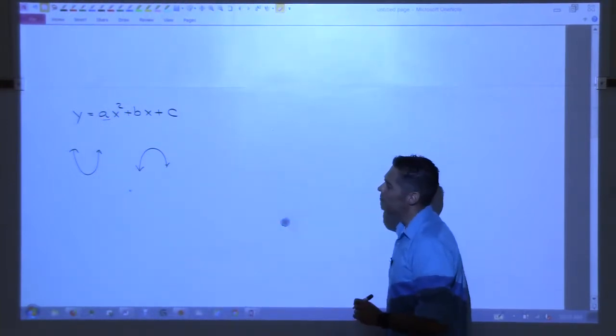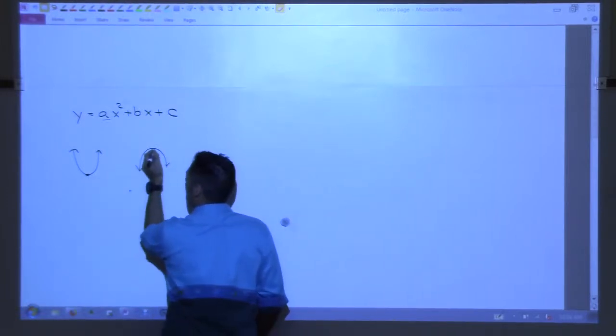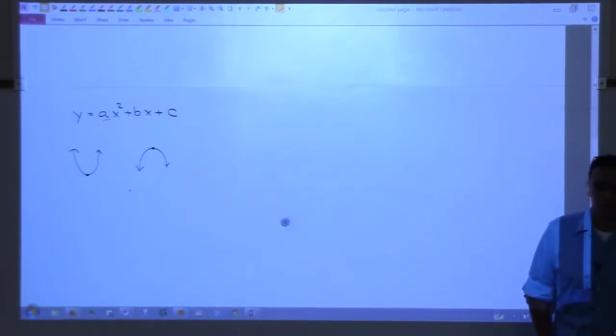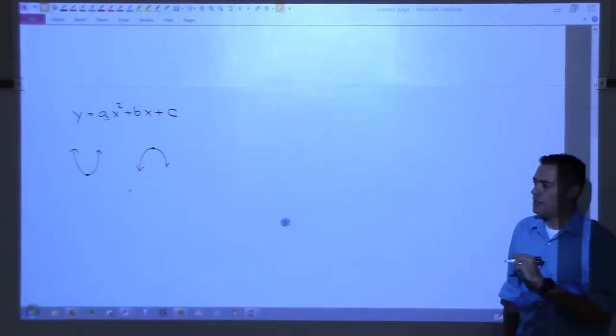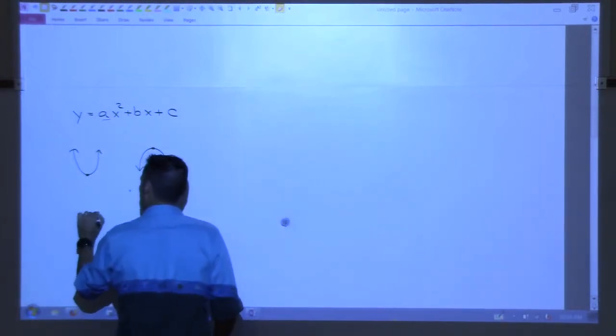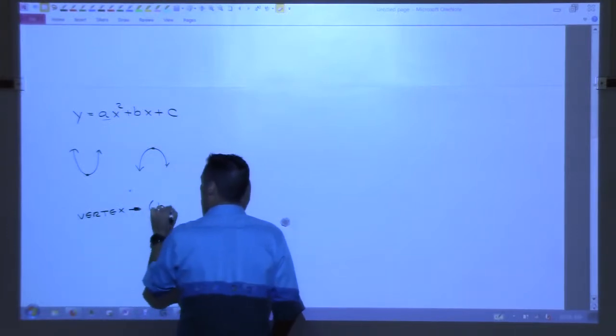And in college algebra, one of the points we were very interested in was that point right there, the vertex. And there's actually a formula you were given to find that vertex. The vertex formula: you were told that the vertex was called the point (h, k).